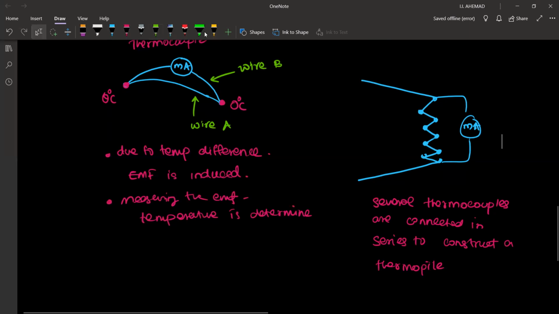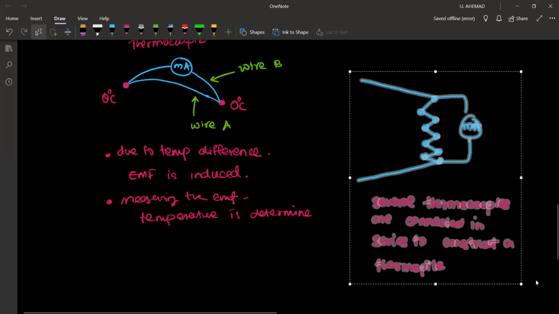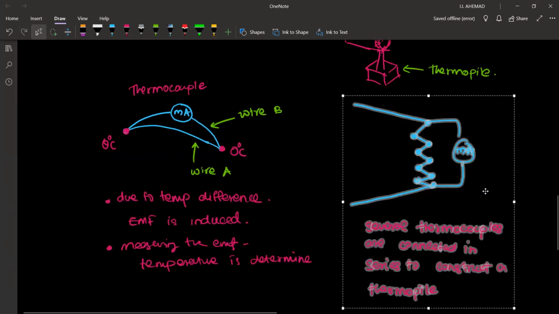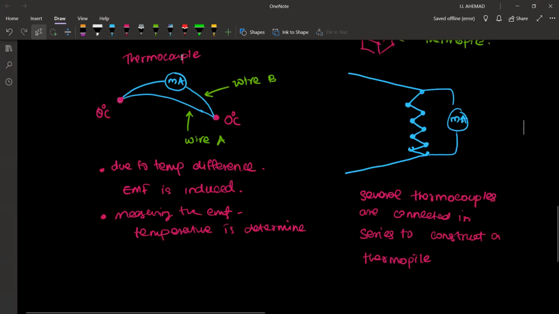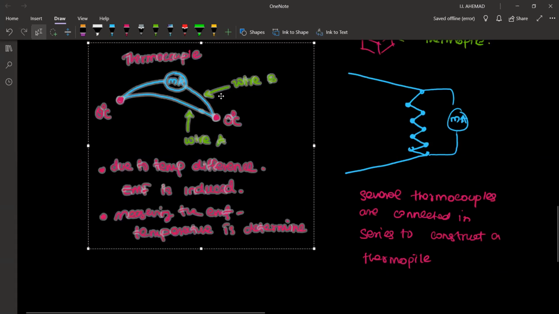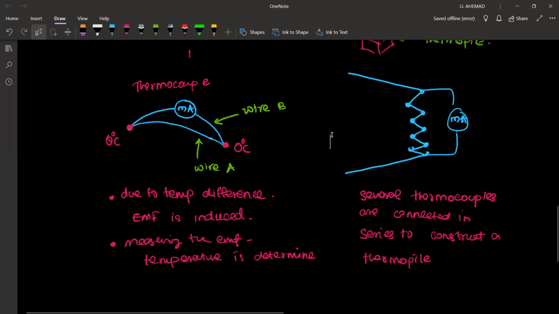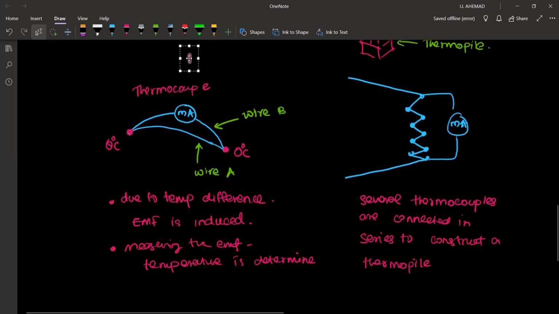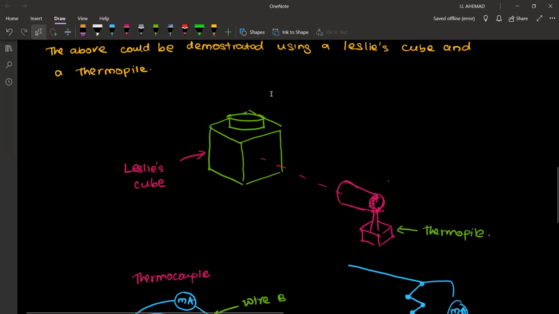Is it clear? Have you all drawn the diagram? Should I scroll up? Has everyone drawn this diagram? Draw.